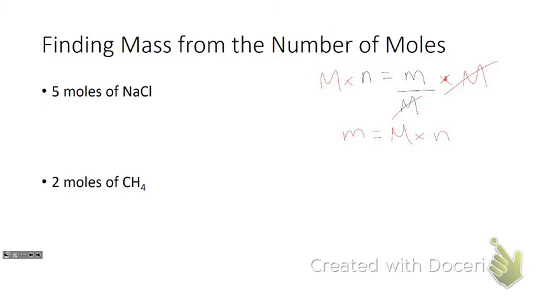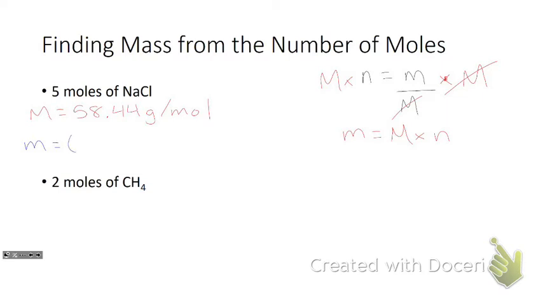Now we calculated the molar mass of sodium chloride a few questions ago, so big M is equal to 58.44 grams per mole. So now our little m is just big M multiplied by little n.